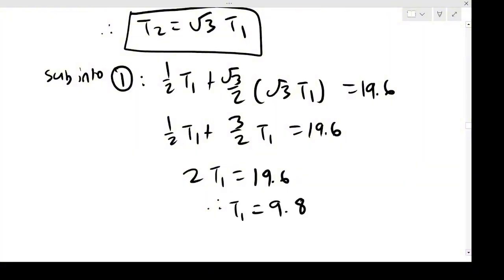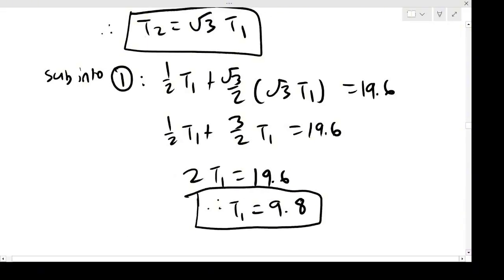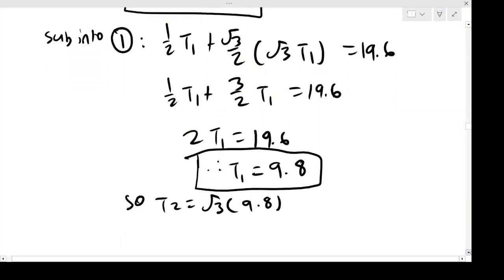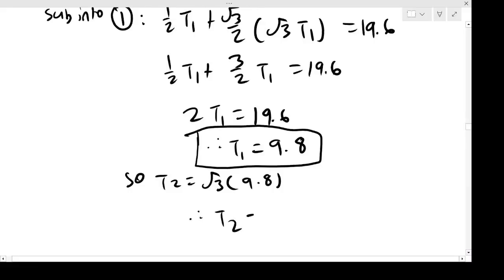Well, there we are. So now I know what T1 is, I can find T2. T2 is going to be root 3 lots of 9.8. So that means T2 is going to be 16.97.